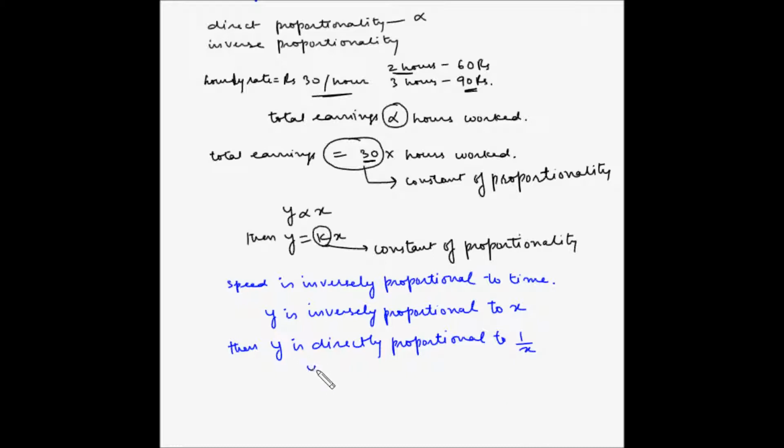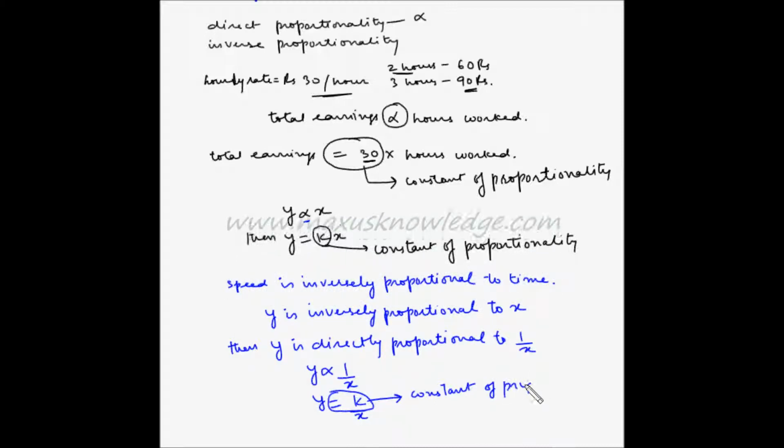So this is also written as y is proportional to 1 by x. Now, as we had seen earlier for direct proportionality, we can also write this as y is equal to k by x, where k is nothing but the constant of proportionality.